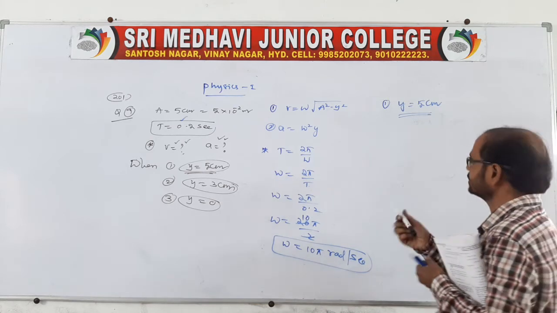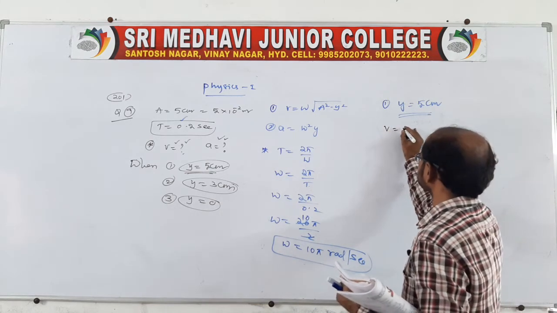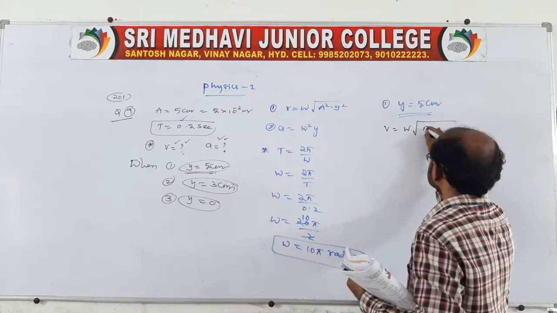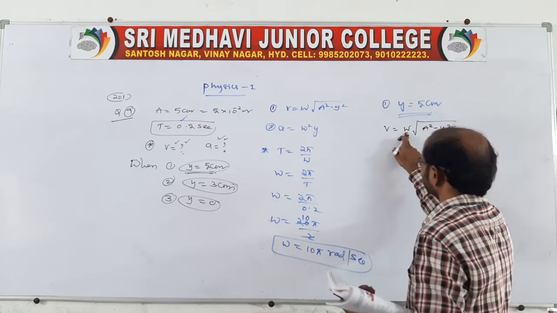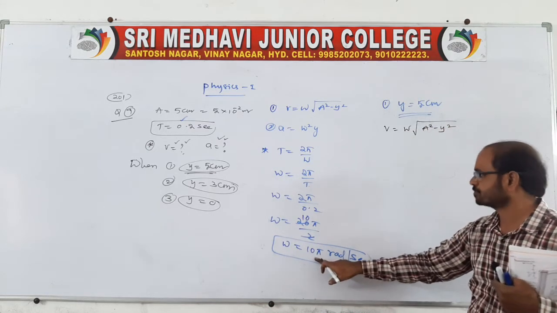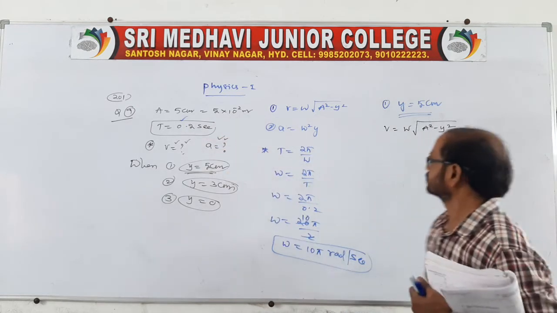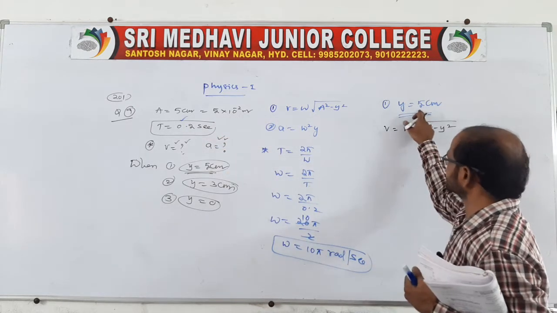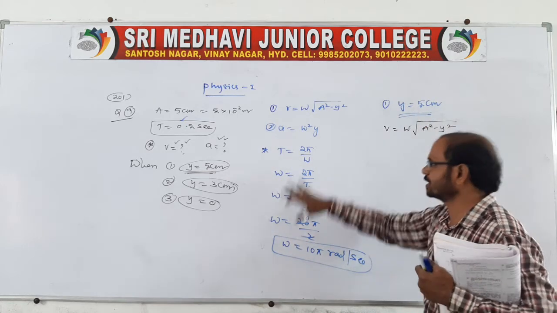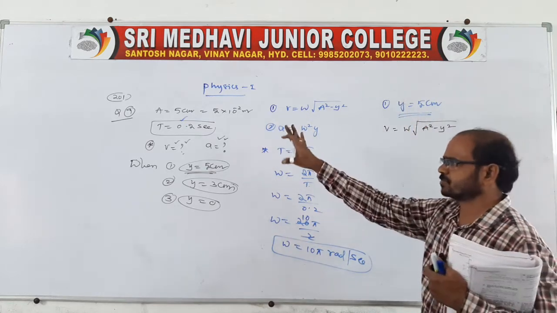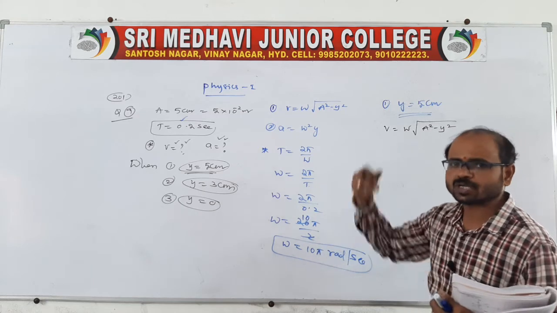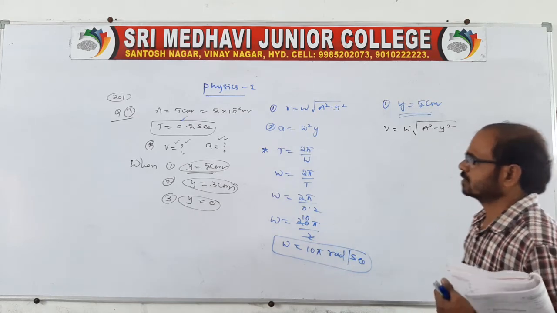First of all, velocity v is equal to omega into root over a square minus y square. Omega we know is 10 pi, and the given a value is 5 into 10 power minus 2, and the displacement is 5 centimeters. You can work in the given units, or convert into the SI system.